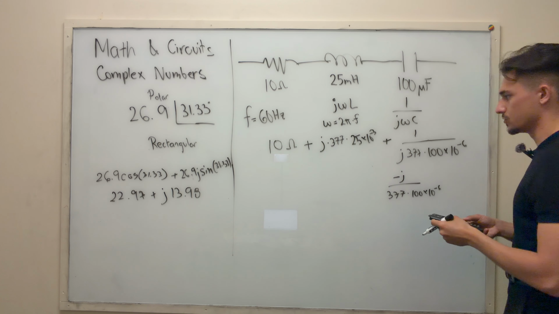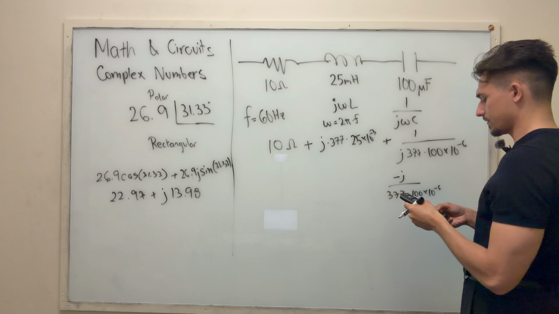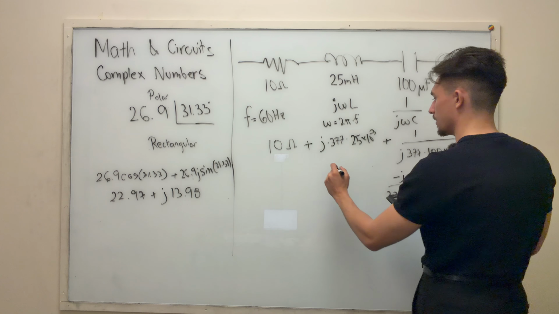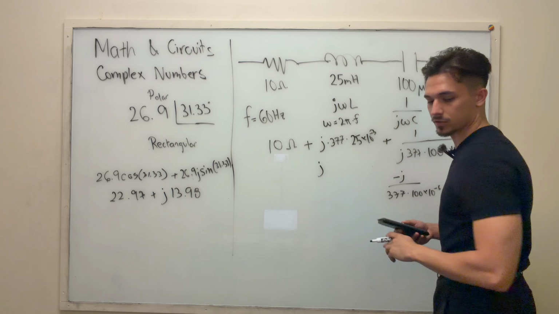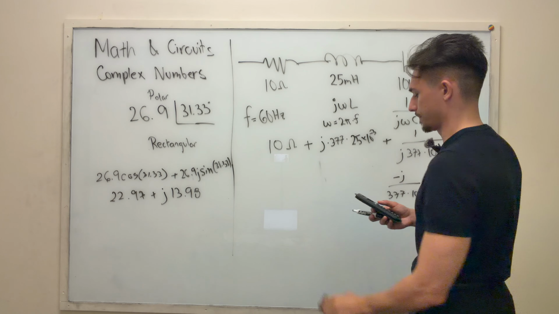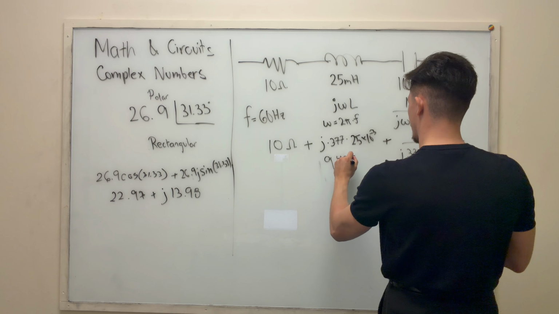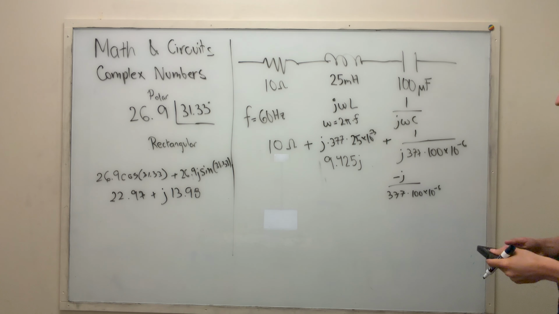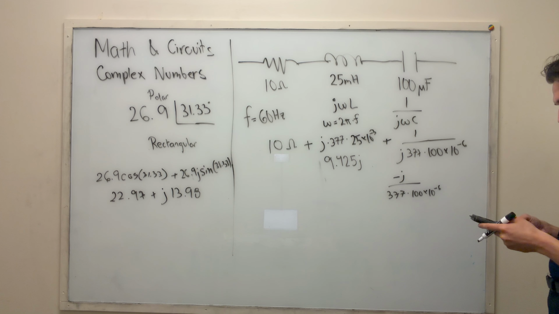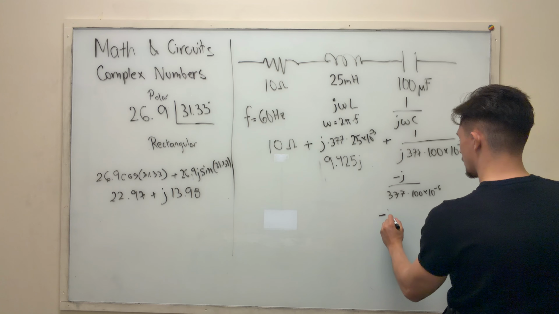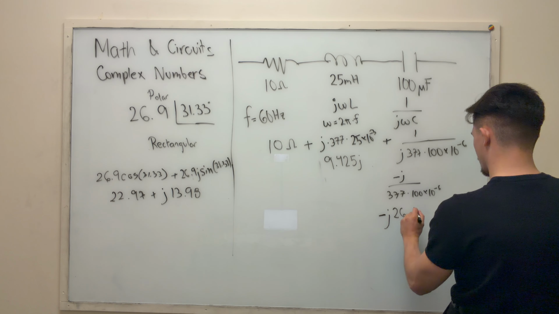So if I do this first, 377 times 25 times 10 to the negative 3, we would get 9.425J. And then for the capacitor, 1 over 377 times 100 times 10 to the negative 6 gives us negative J 26.525.